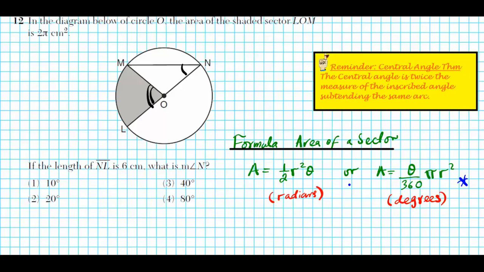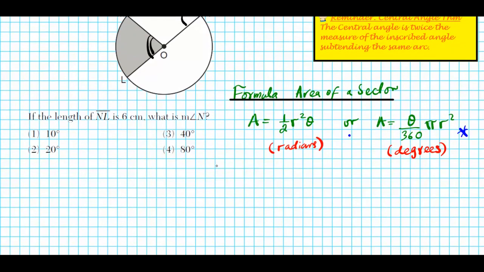Let's apply the formula to this situation. The formula is A, area, equals theta over 360 times pi r squared. Let's list what we know and what we need, and then substitute into this equation and solve for the unknown. The area, we're told, is 2 pi.